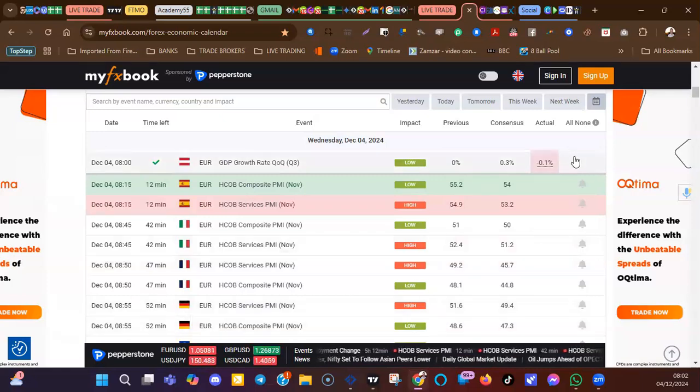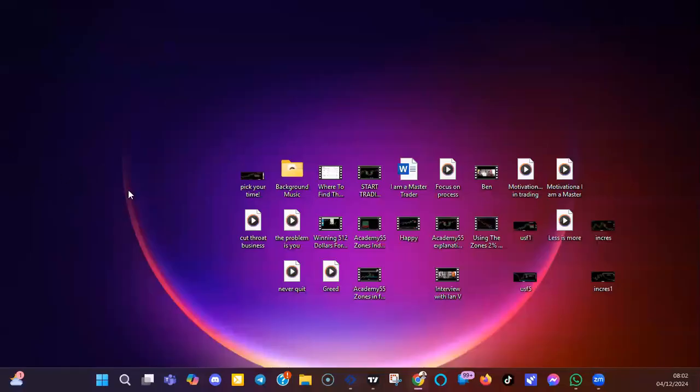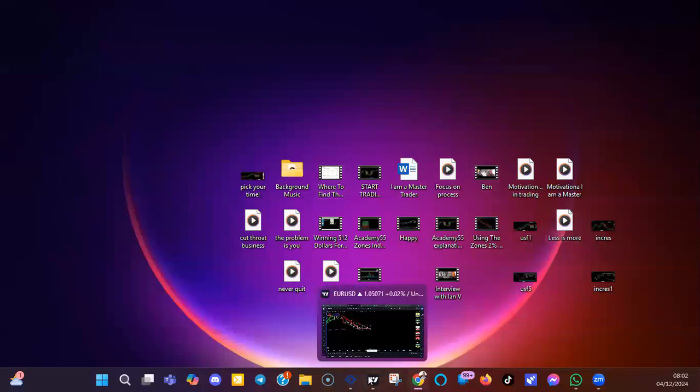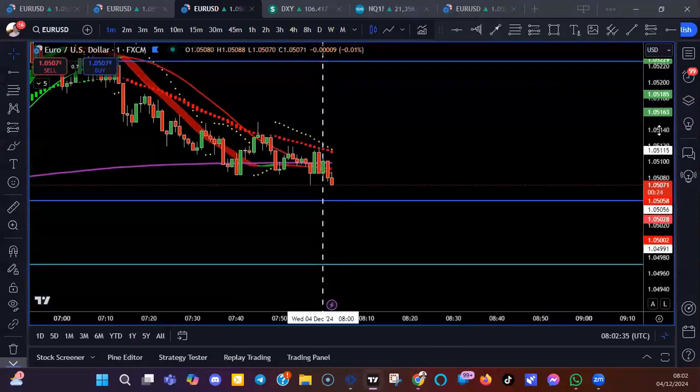So that might be interesting to see. Might throw us a couple of pips either way if we were in a trade. So we will have to take that on board if anything does brew.